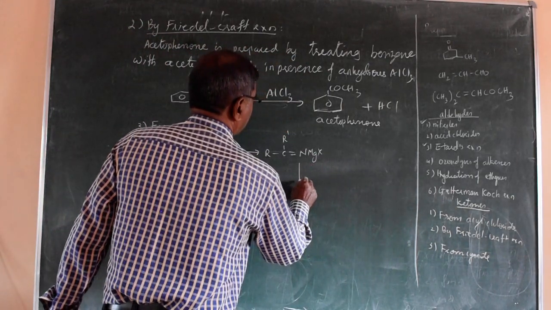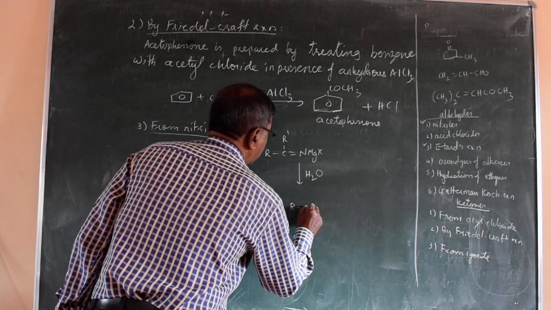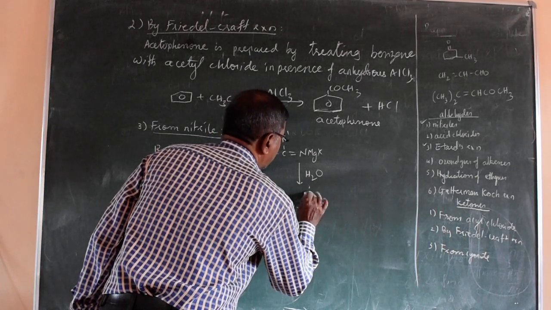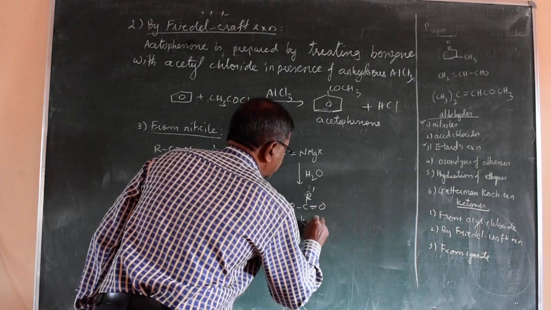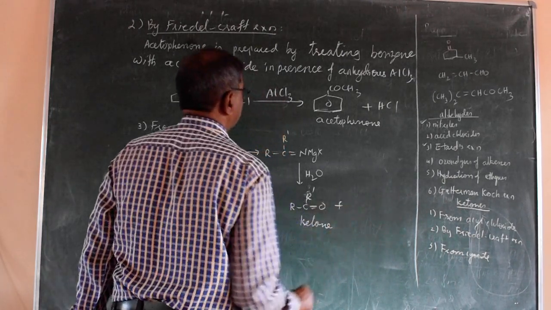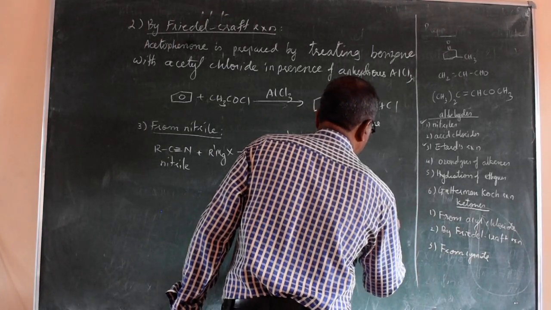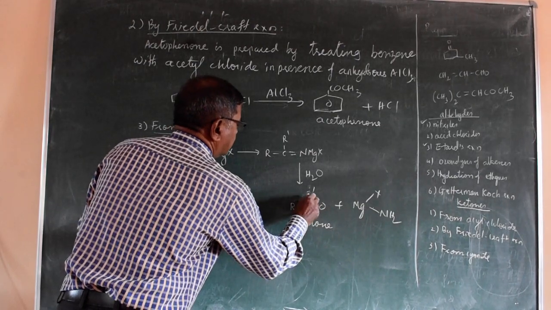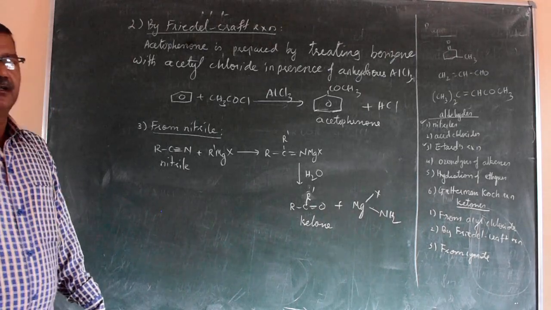This on treating with water, on hydrolysis, you are getting RCR' double bond O. It's called ketone. So this one is ketone, plus we have Mg(OH)X and NH3. So this is our C double bond O, R'.